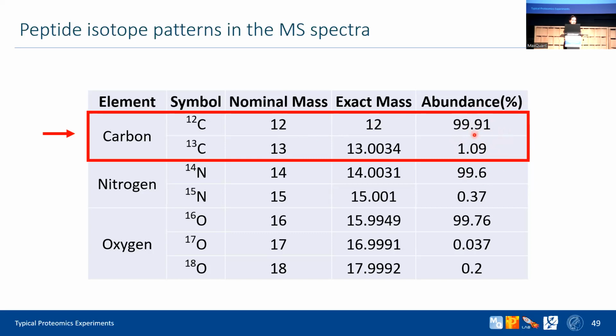In nature, for carbon, 99% of the carbons exist in the carbon-12 form, and only 1% of the carbons are in the carbon-13 form. It's a very small percentage, but it still affects our measurements because we have very high resolution instruments. So you will be able to see how it affects our mass spectrum.